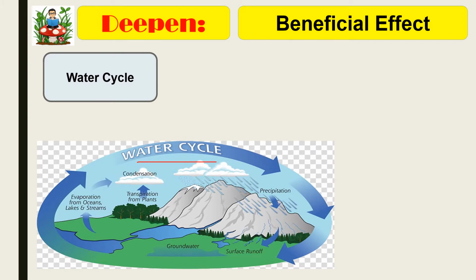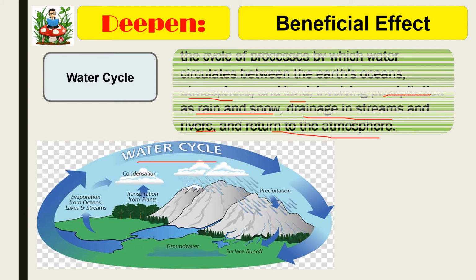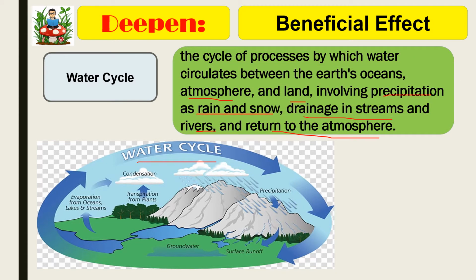It is the cyclic process by which water circulates between the earth, oceans, atmosphere, and land, involving precipitation as rain or snow, drainage in streams and rivers, and return to the atmosphere. So we all know the beneficial effect of this water cycle.